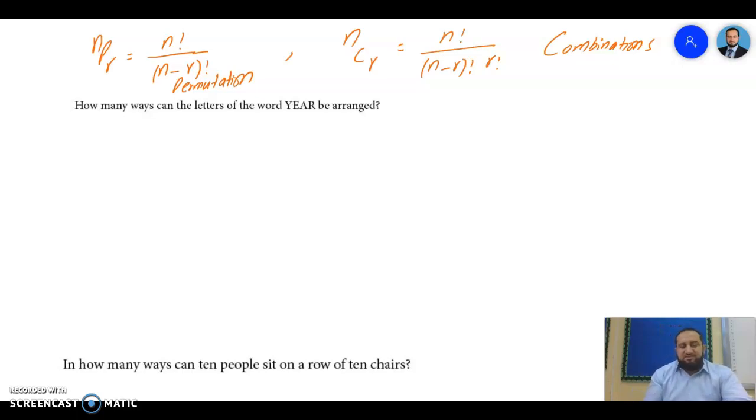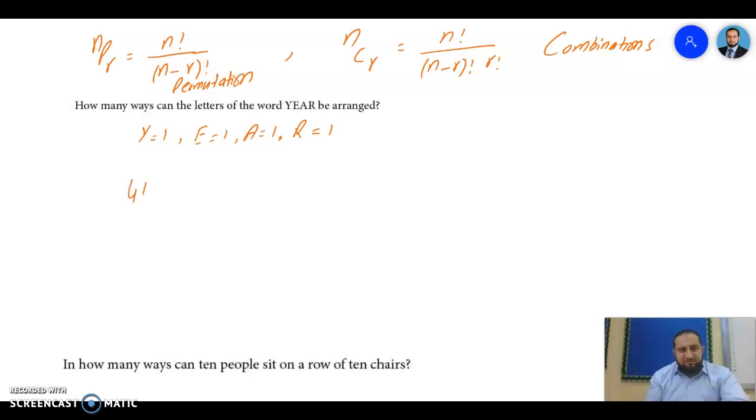Let's see an example for the counting principle. How many ways can the letters of the word YEAR be arranged? Here we can see Y is only one time, E is one time, A is one time, and R is one time. So we can directly use the counting principle.